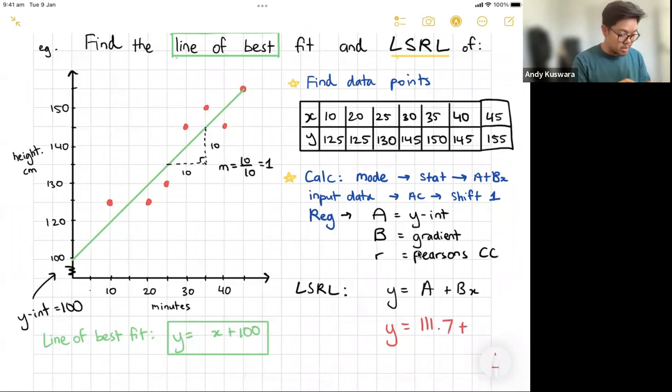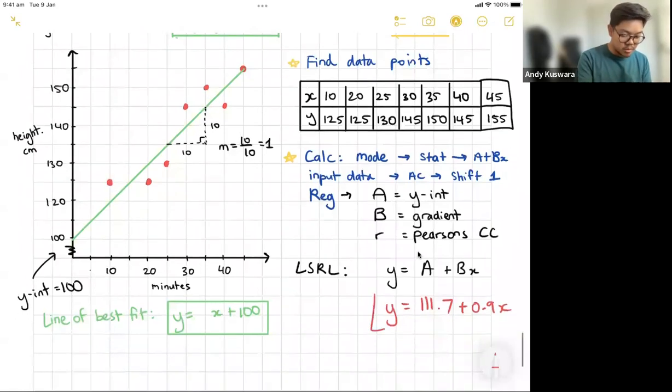And then plus B, and for B I'm going to go back and do the same thing, shift stat 1, REG, and then pick B this time. That will give me 0.9 approximately x. And so this would be the equation of the least squares regression line.